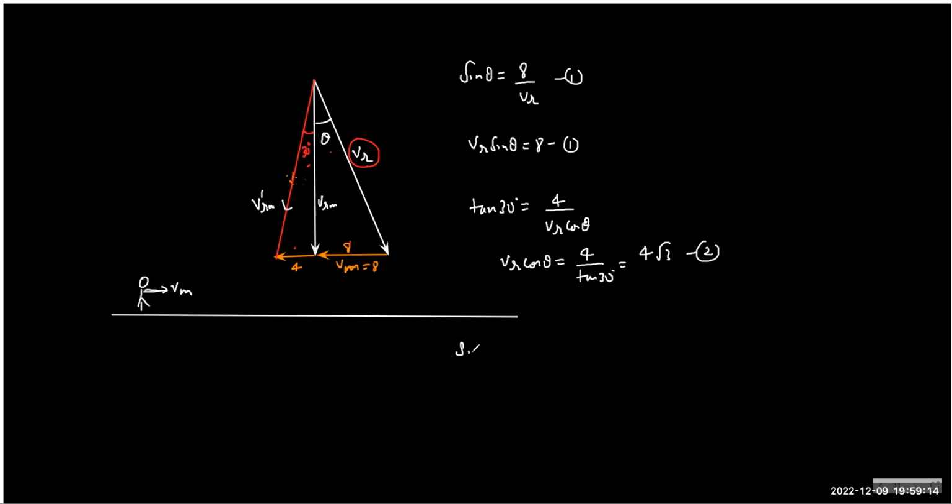So squaring and adding equation 1 to equation 2, what do you get? VR square equals 8 square plus 4 root 3 whole square. 64 plus how much? 48.